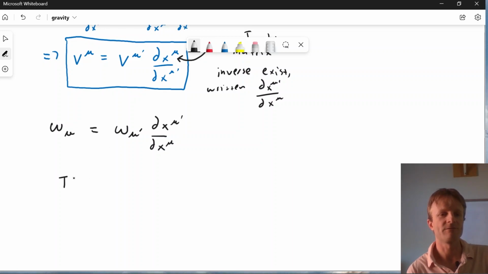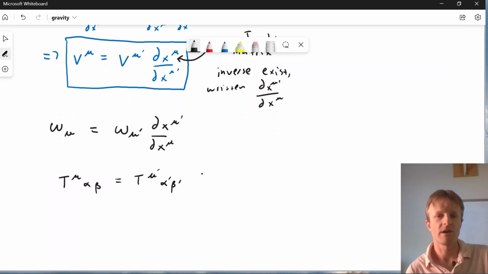And similarly for some other tensor, T mu alpha beta, just making it up, you'll have the same thing over here with primes, and then you just need 3 Jacobian matrices. So I'll ceremoniously write all of them out without any coordinates on them. And then I'll just start filling in the coordinates.